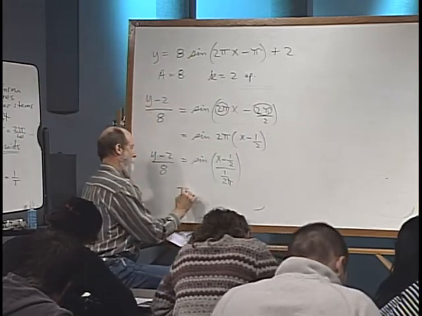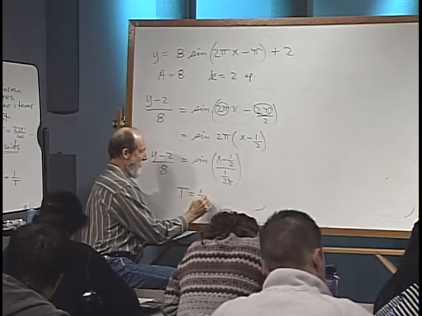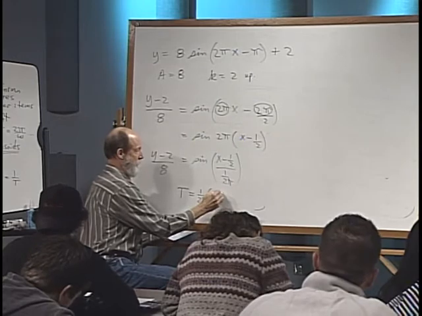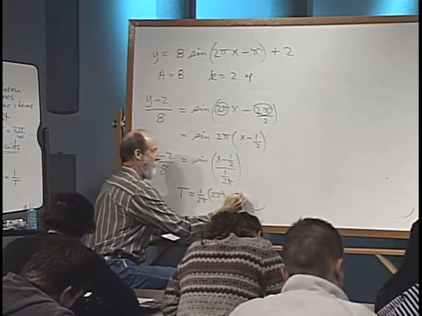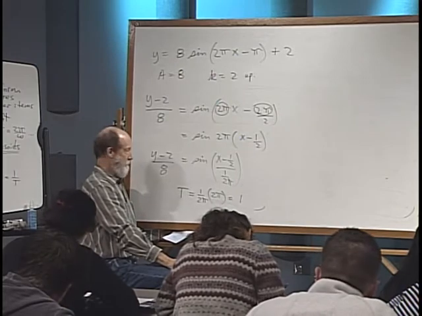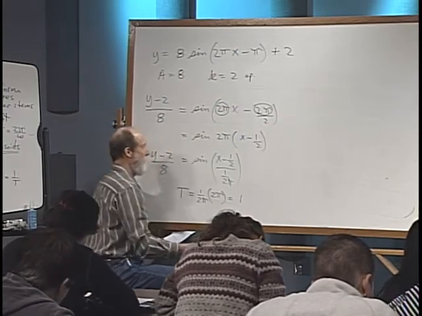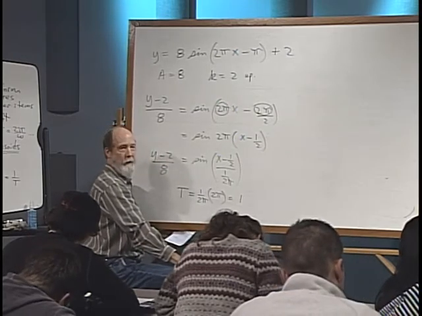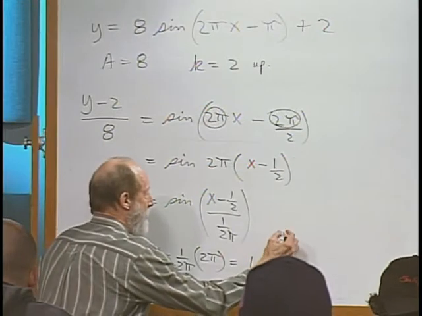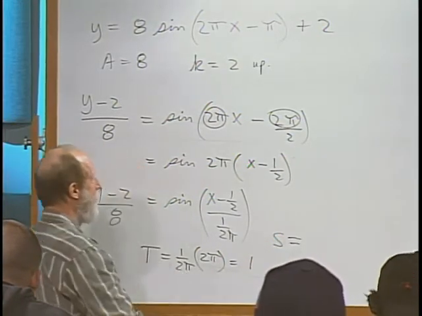The period is then going to be 1 over 2 pi times the fundamental period of the sine function. So the period is going to be 1. The phase shift is what? 1/2.